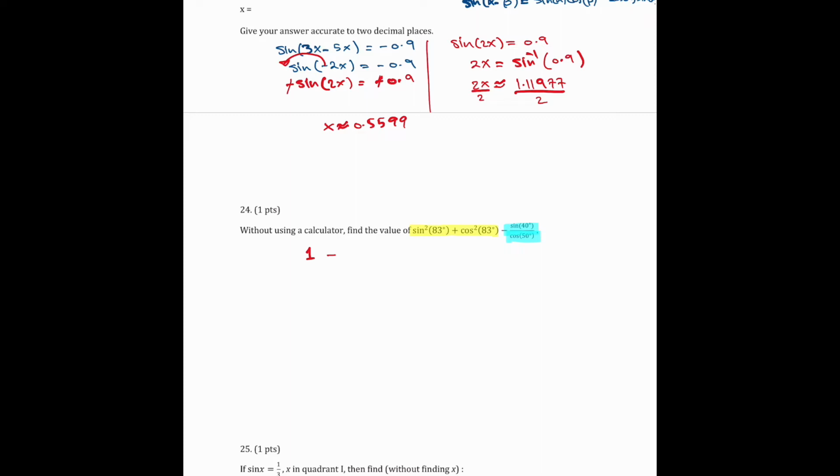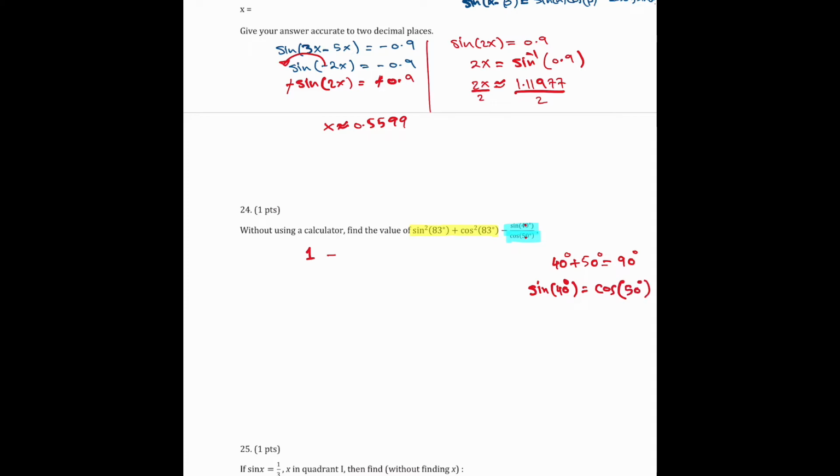I noticed that sine is a cofunction of cosine. We know that a function is equal to its cofunction if the angles are complements. 40 degrees plus 50 degrees is equal to 90 degrees, which means those are complements. So essentially sine 40 degrees is equal to cosine of the complement, which is 50 degrees.